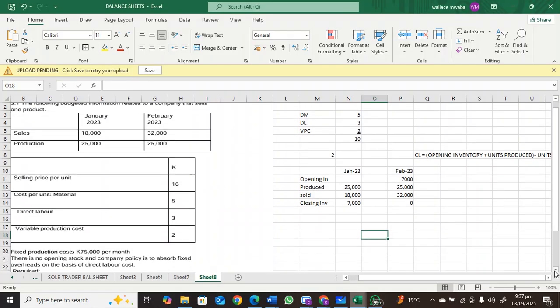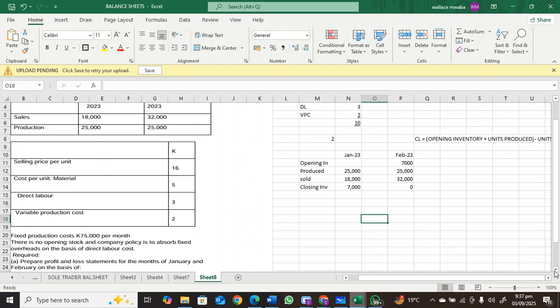So we can now get our profit statement. We'll start with the January profit statement. We're going to start with sales revenue, finding out how much sales revenue we made.